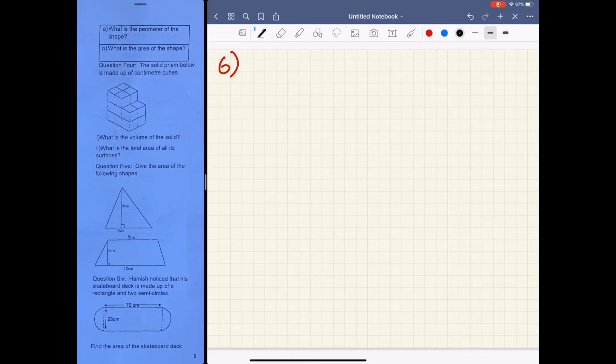So you've got a rectangle and 2 semicircles. This is 28 centimeters high or long, and this is 70 centimeters down here. So let's calculate this.